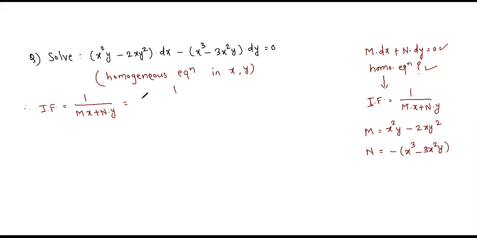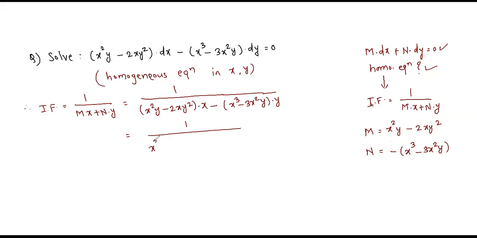So let us find the integrating factor. 1 upon m, x square y minus 2xy square, into x, minus x cube, that is n, 3x square y into y. So what will I get?